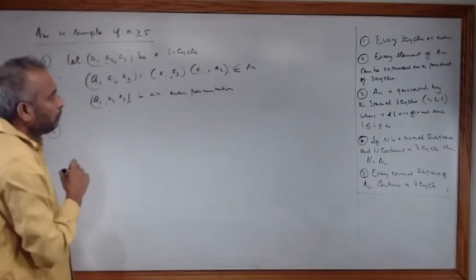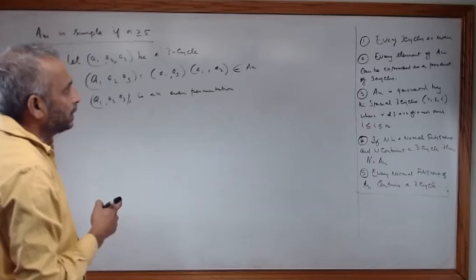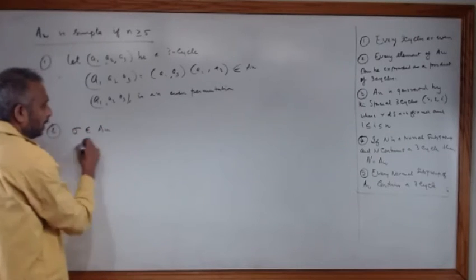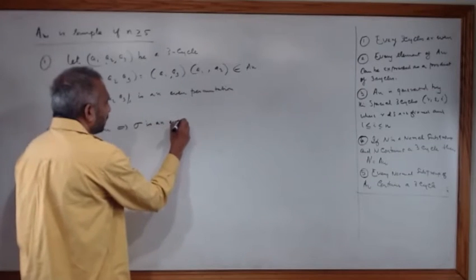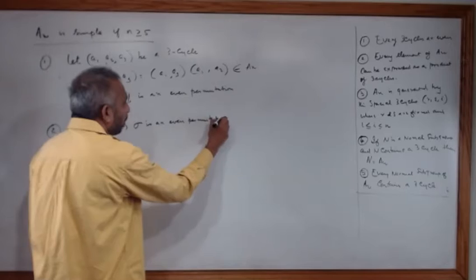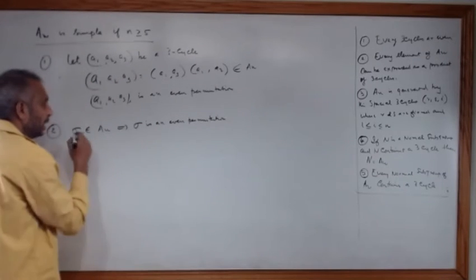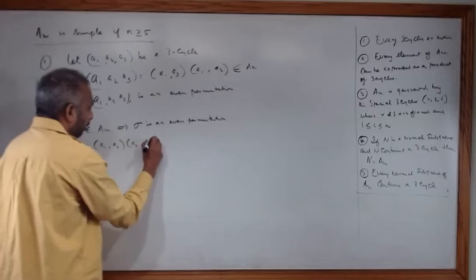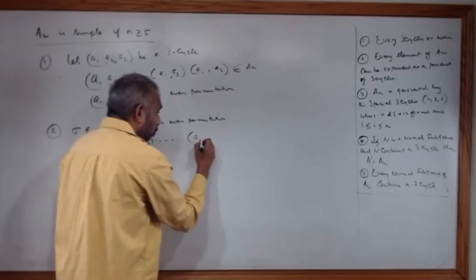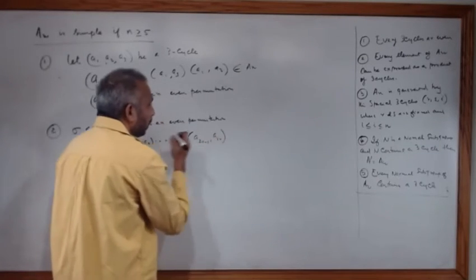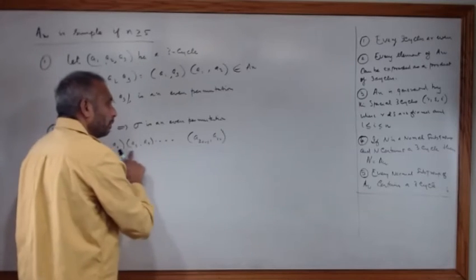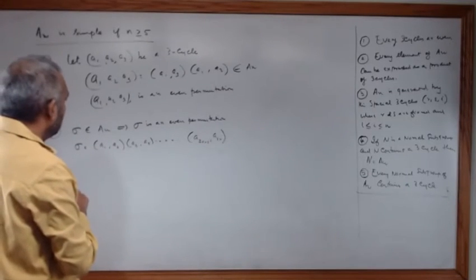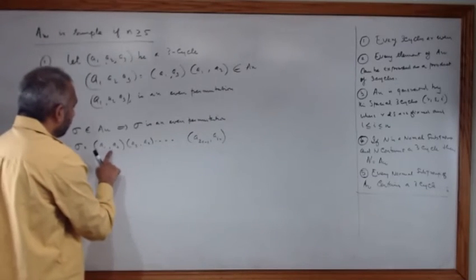Second one, every element of An can be expressed as a product of 3 cycles. See, if sigma belongs to An, that implies sigma is an even permutation, because An contains only even permutations. That means sigma is equal to (A1, A2)(A3, A4)... I'm going to write it with 2R transpositions, just to make sure that you have an even number of transpositions.